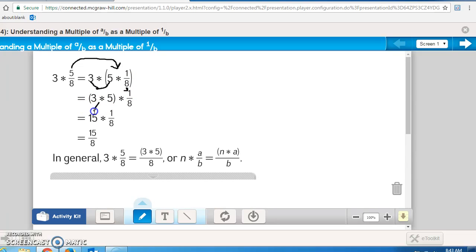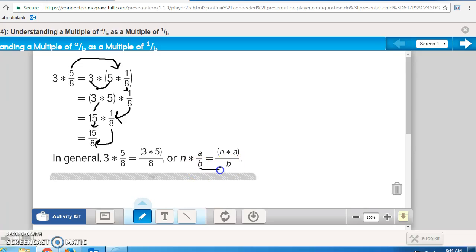Now we come up with the answer for what's in parentheses is 15. We still didn't do anything with this 1/8, so we had to bring it down. So next step is we take 15 times 1. We put the answer 15 for the numerator. And again, our denominator, we just bring it down. So in general, 3 times 5/8 equals 3 times 5, what you saw right here, over 8, or we could say n in place of 3 times a and b, which is 5/8, equals n times a over b.